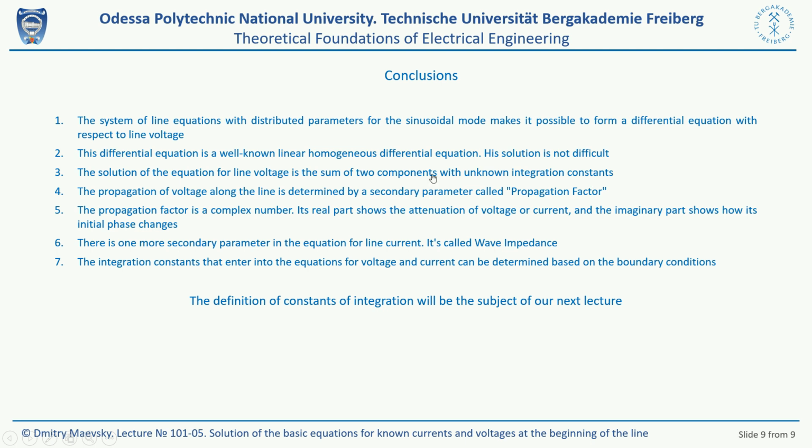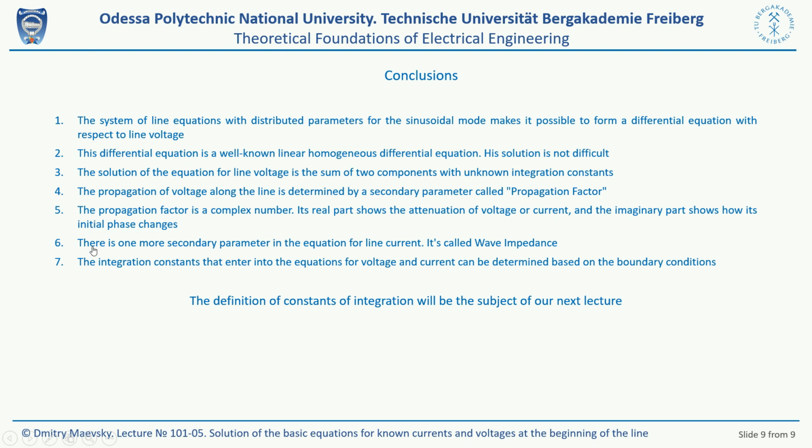The propagation of voltage along the line is determined by a secondary parameter called the propagation factor. The propagation factor is a complex number. Its real part shows the attenuation of voltage or currents, and the imaginary part shows how its initial phase changes.